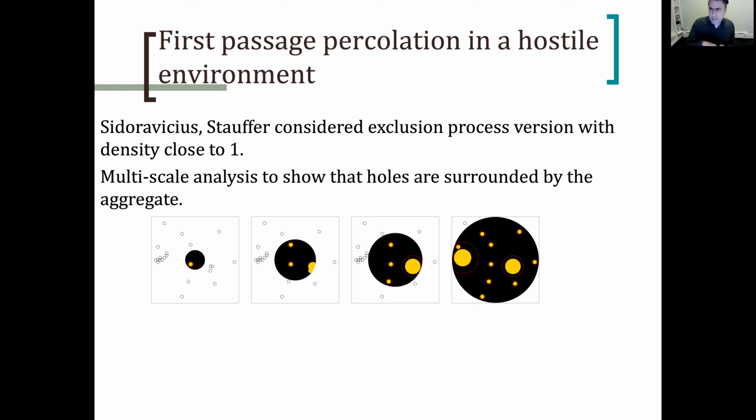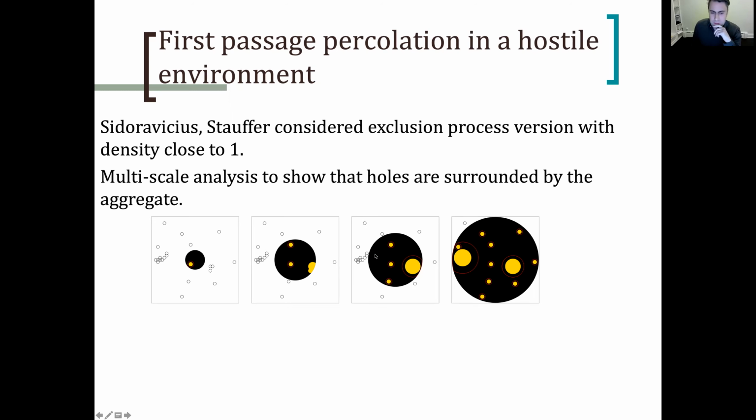But then occasionally it comes across a hole. And what they showed was that it's likely for the aggregate to quickly surround a hole and keep moving on. But then sometimes it will encounter a few holes at once, and then it needs some bigger radius in which to surround them and keep moving on.